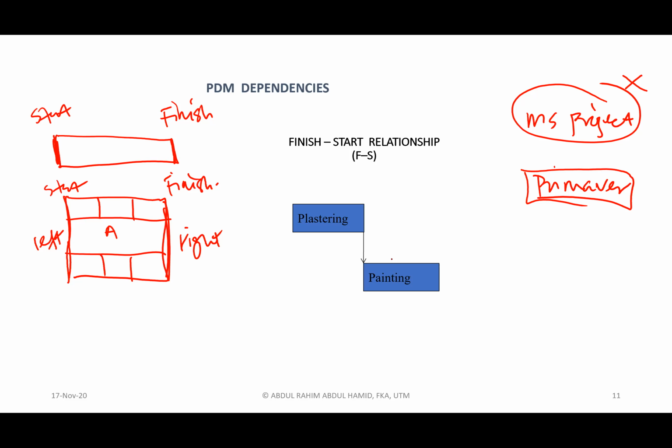If, for instance, the wall is very big, you do the plastering, but while waiting for the whole wall to complete, a certain part of the wall is already dry. Then immediately you will do painting. You do not do the painting on the last portion of the wall, because it is still wet. You will do it at the first corner where you started plastering in the first place. Okay, that is the logical relationship.